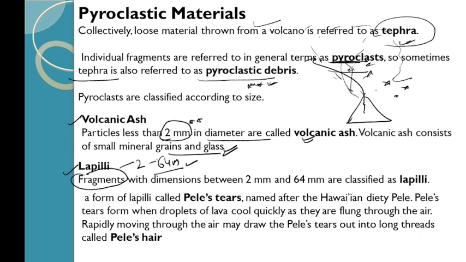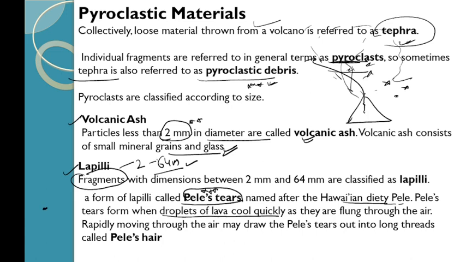A form of lapilli is also called Pele's tears. Asterisk mark this question: what do you mean by Pele's tears? This is a volcanic fragment form, like 64 mm. So the examiner can frame questions: what do you mean by Pele's tears? Pele, the Hawaiian deity. Pele's tears form when droplets of lava cool quickly.